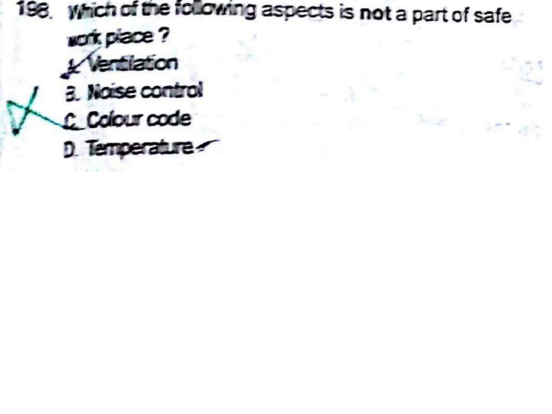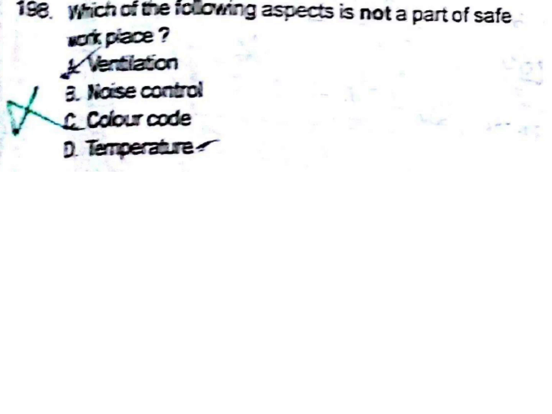So color code is also part of a safe workplace. For example, in a bay, if you have crane movements, they will give a separate path for crane movement, and that path is marked in color code. So the answer is D. Temperature.